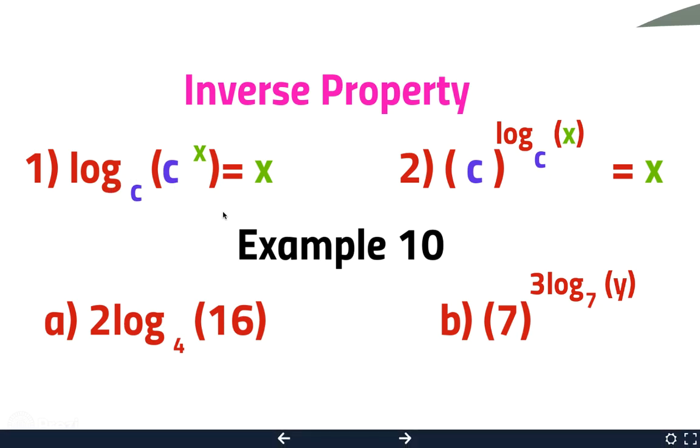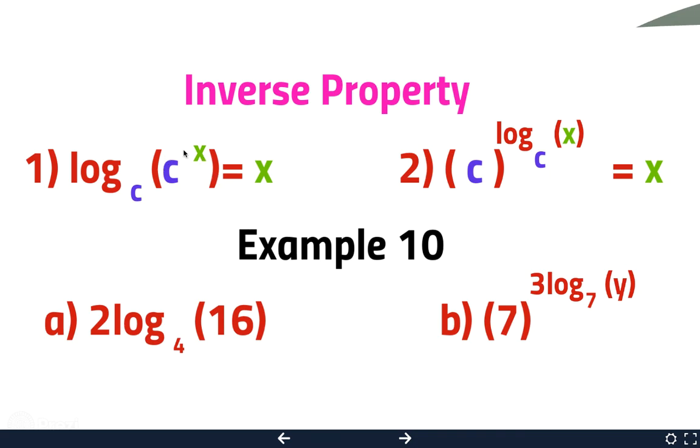Okay, so let's look at number 1, the first one. So if you see here, we have the same base. First of all, you must have the same base for this rule to work. If this was C and this was a base of, I don't know, D, this would not work. So here we have log base C of C raised to the x power.